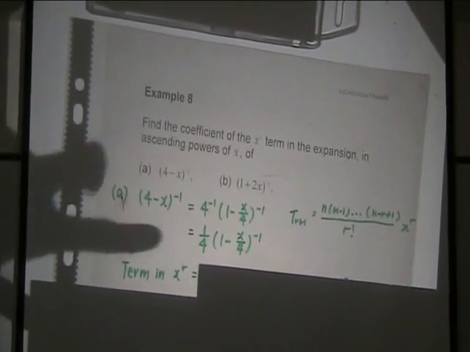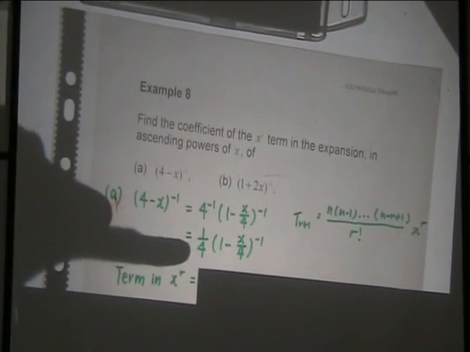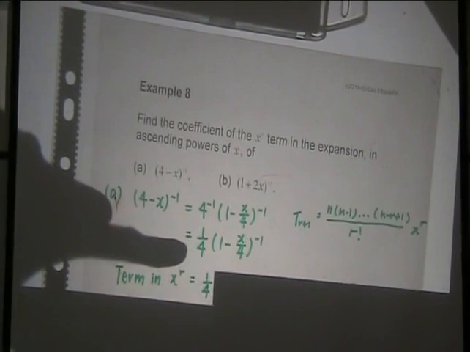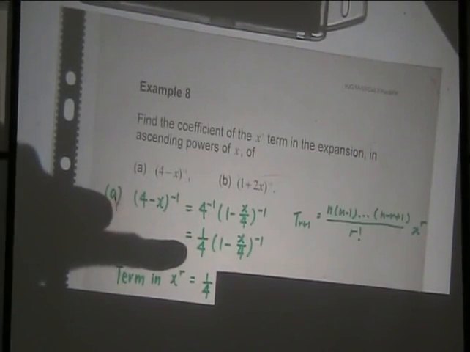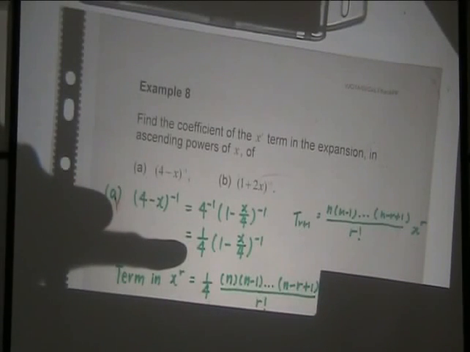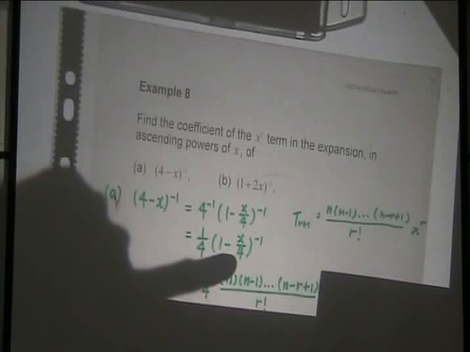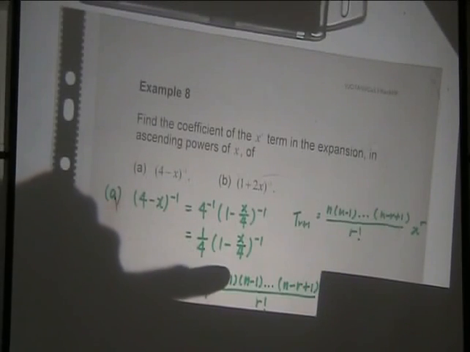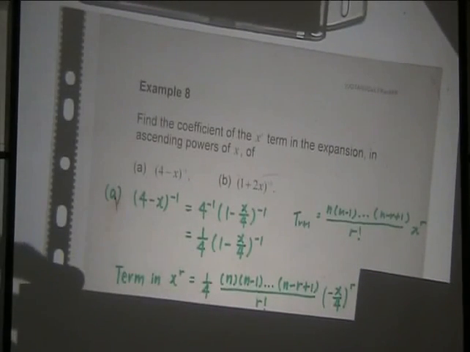In this case, because we have the 1/4 here, we must also multiply the 1/4 followed by the formula, and then followed by x to the power of r. In this case, our x is actually minus x over 4, to the power of r.